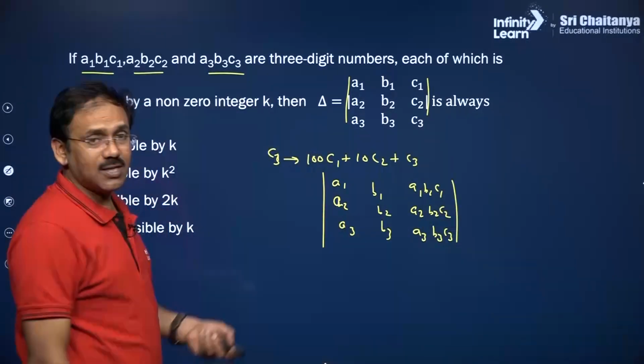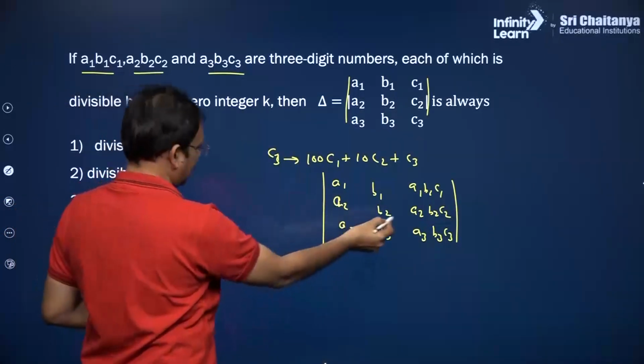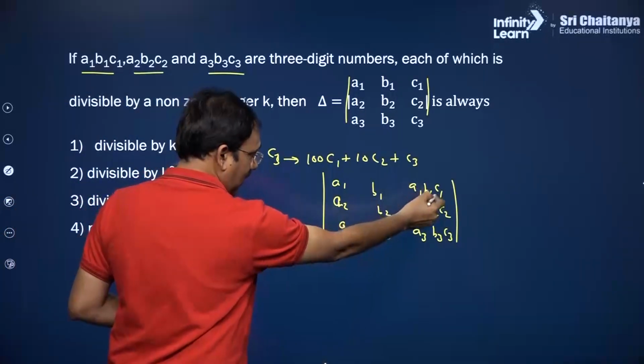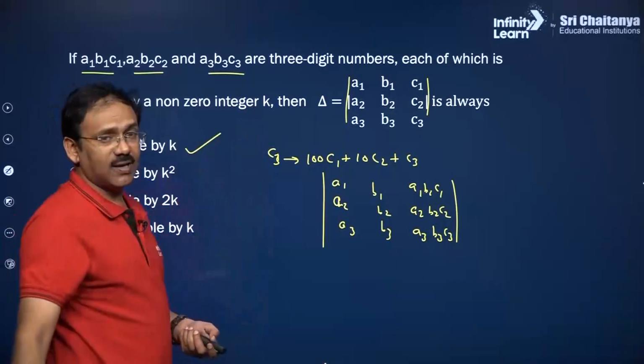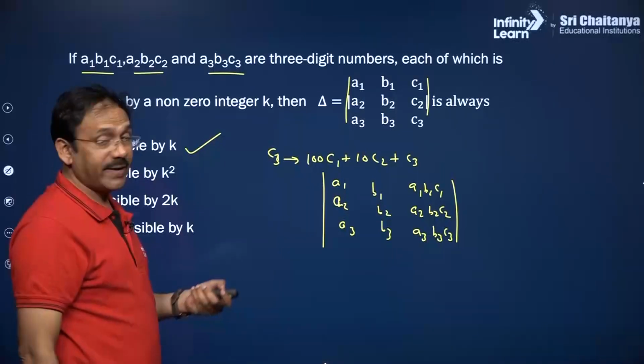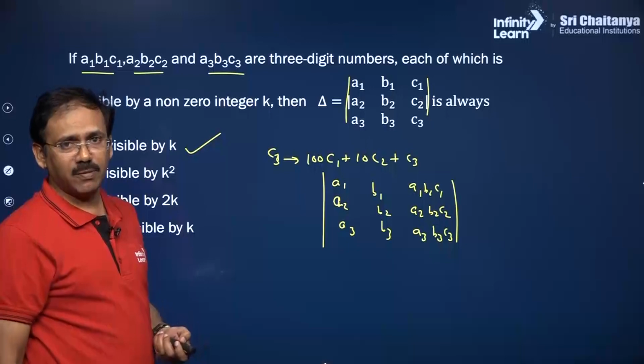Now these triple digit numbers, my dear friends, we know that all are divisible by k. So you can write kL, kM, kN; k can be taken out, so the determinant is divisible by k. No guarantee that it is divisible by k square or 2k. No extra information, but I am sure that it is divisible by k.